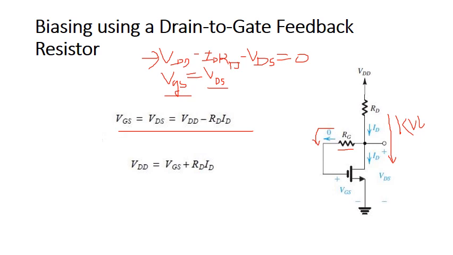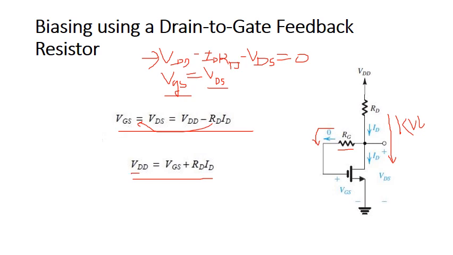Now VDD from this equation is equal to VGS plus IDRD. This equation is similar to the previous equation where we checked the biasing by fixing VG, where VG was equal to VGS plus IDRS.